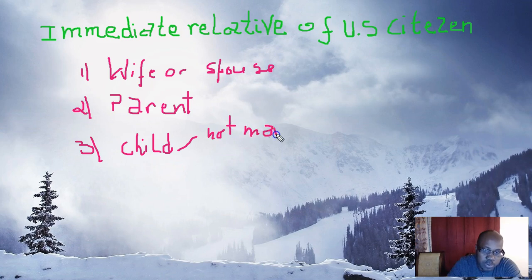If your child is married, this child is not an immediate relative, which means you can still file for your child, but understand this is not an immediate relative, because to be an immediate relative, this child shouldn't be married, and this child should be under 21 years old.